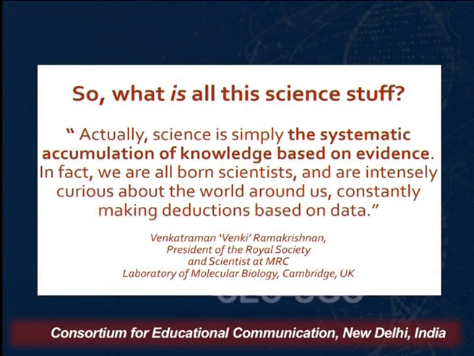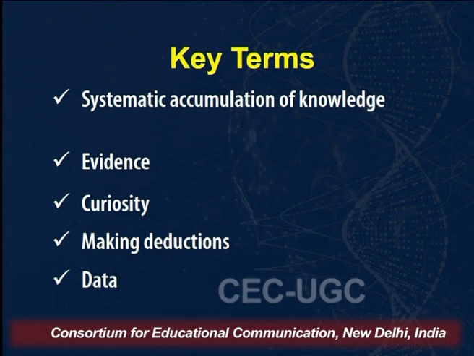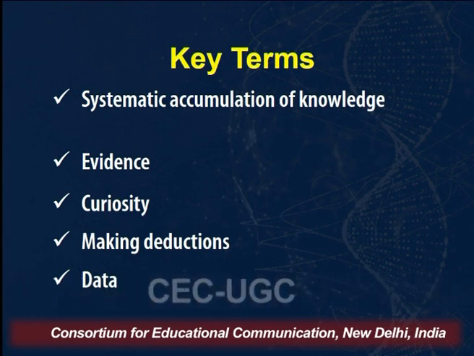Now, what are the key words in this statement that he made? The key words are the systematic accumulation of knowledge. Systematic accumulation of knowledge, not a very diffused knowledge. It is very logical, probably sequential. And when we systematically collect and acquire this knowledge, then it pertains to science.